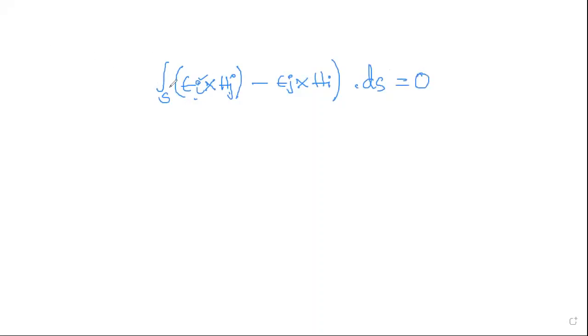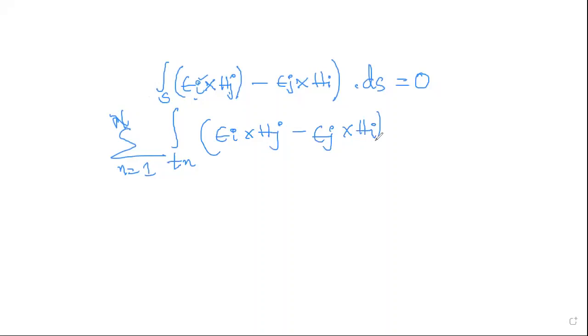The only non-zero integrals are those taken over the reference planes of the corresponding ports. Now if you write the equation considering the ith port and jth port, with n equal to 1 to n, with respect to the wave amplitude, say Tn, you have the integral of Ei cross Hj minus Ej cross Hi dot ds equal to 0.